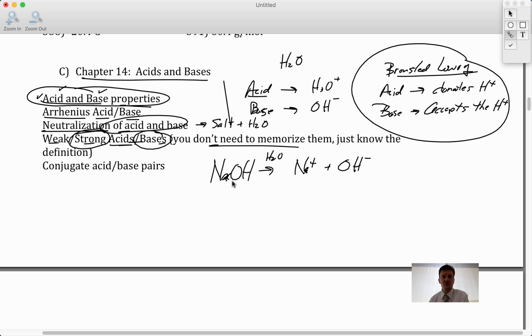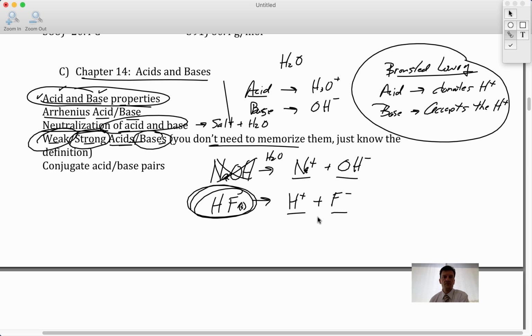It is a complete dissociation, meaning when you put this in water, you will not have any more of the solid left, you will only have ions. Whereas a weak acid or base, you put this solid into water and it will create ions to a certain extent, but you'll still have some of the solid dissolved in the water as well. Not all of it will dissociate. Okay?